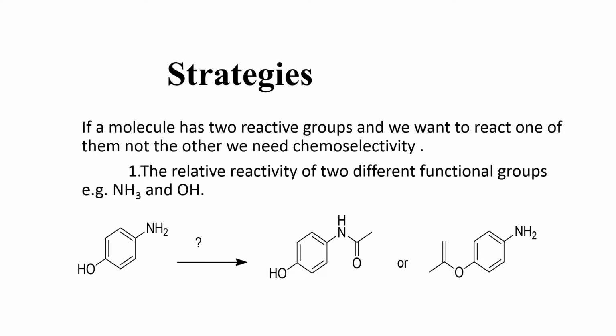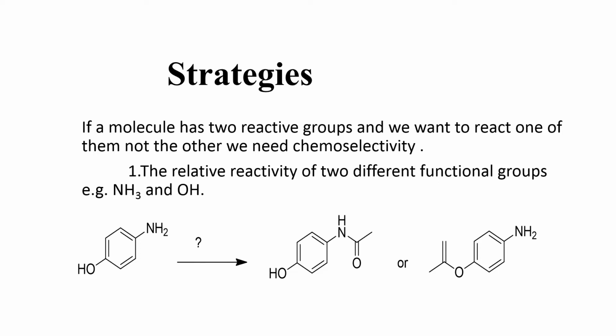There are some strategies among which we will discuss three. If a molecule has two reactive groups and we want to react one of them, not the other, we need chemoselectivity. When we have two different functional groups, their reactivity will vary.